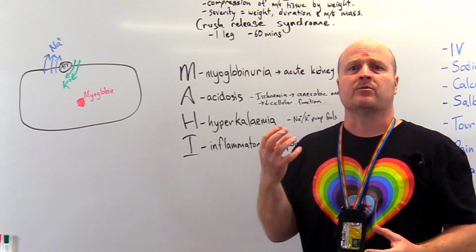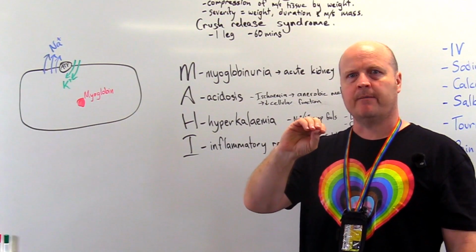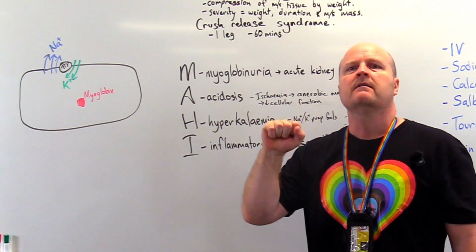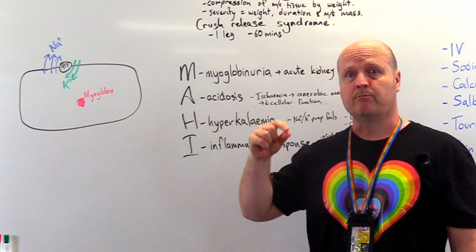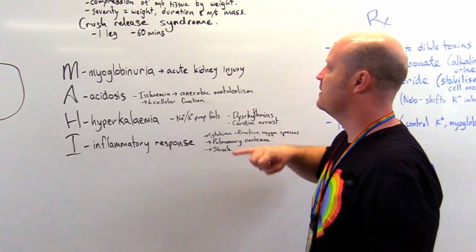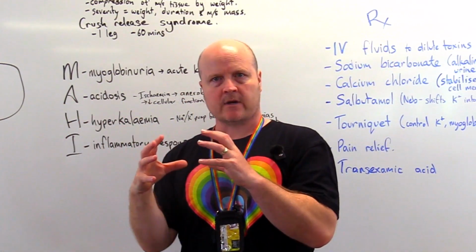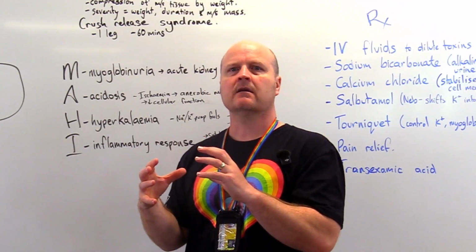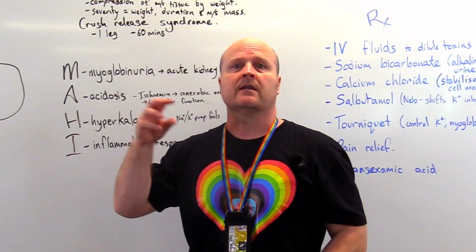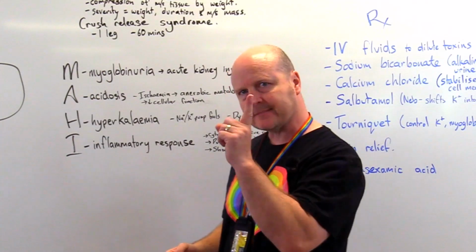And what we get is precipitate, which is where, if we've got a concentrated amount of myoglobin, it forms a solid in the kidney tubules and starts blocking up our kidney tubules, leading to an acute kidney injury. What makes this worse is the more concentrated the myoglobin is, and also if we've got an acidic environment, that's going to lead to more precipitate or solids being formed in that kidney.